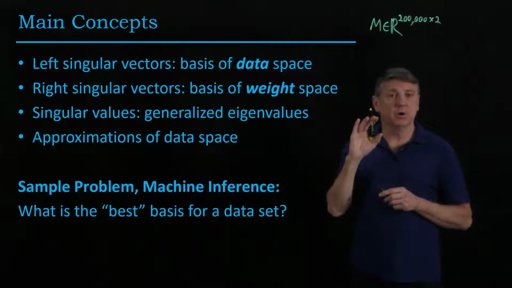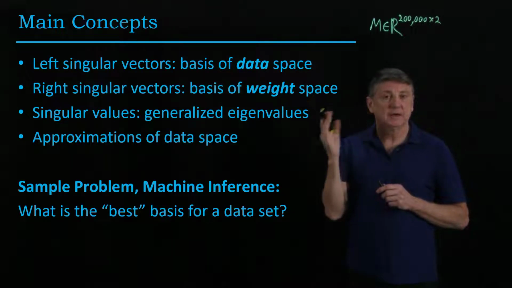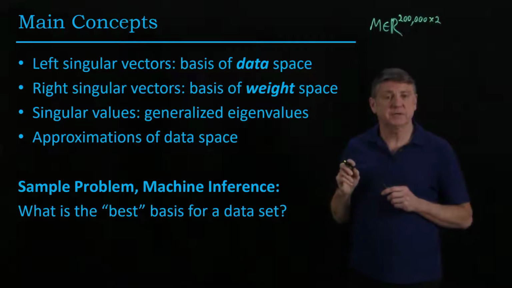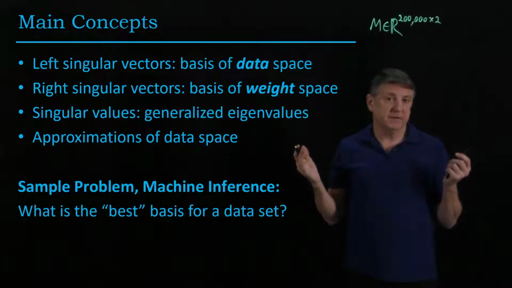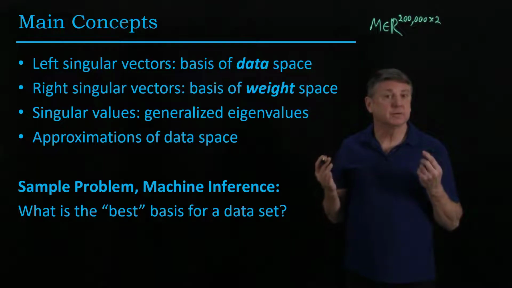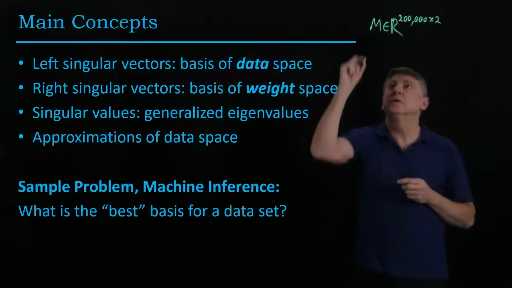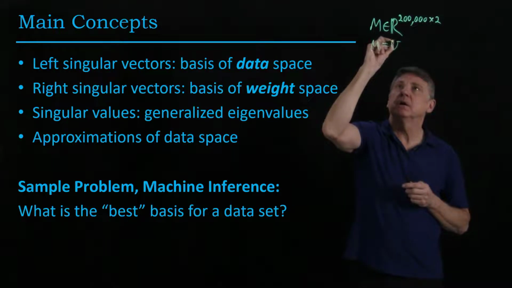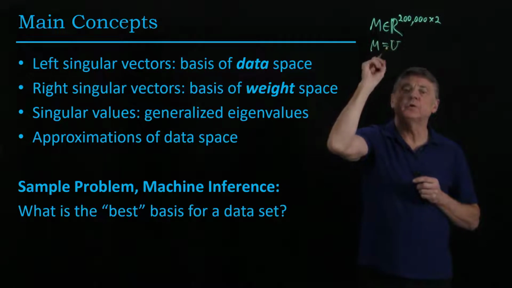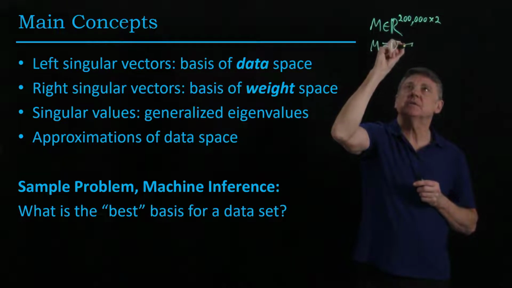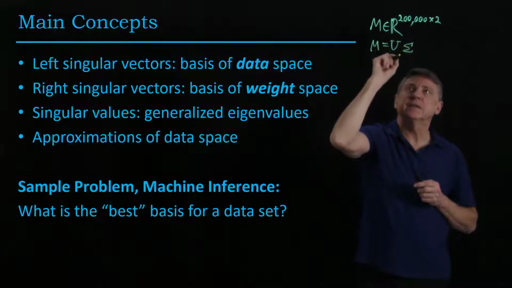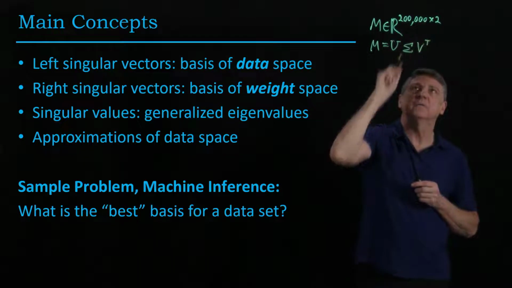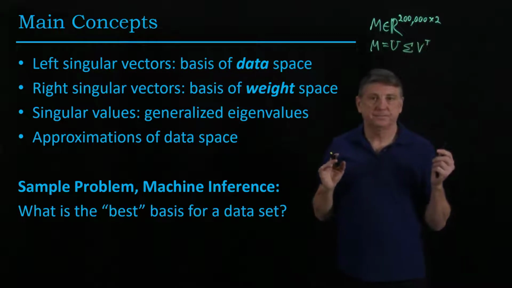And if these 2 columns are linearly independent, that is, if they're not multiples of each other, then this is a full rank matrix. Of course, the eigenvalues don't exist, but the singular value decomposition does. So we can write this matrix as an orthogonal matrix U times a singular value matrix sigma times the transpose of the right side.